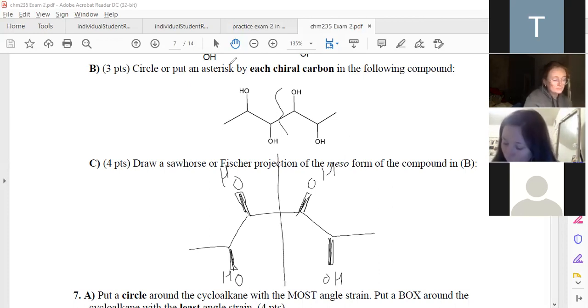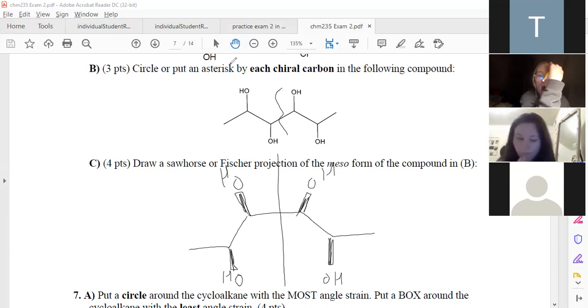Does that make sense? Yay. And that's it. That's how you do it. Just draw your molecule so it has a plane of symmetry, and then make sure it looks the same on the left and right.